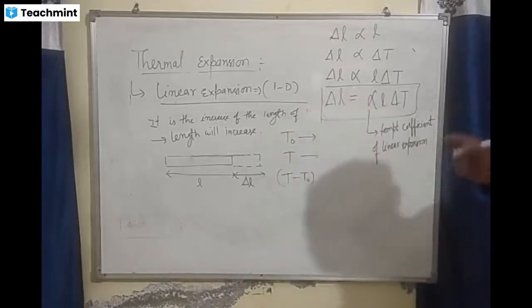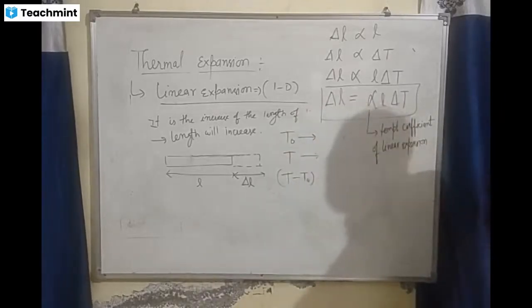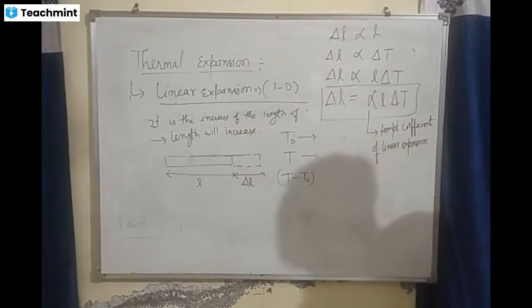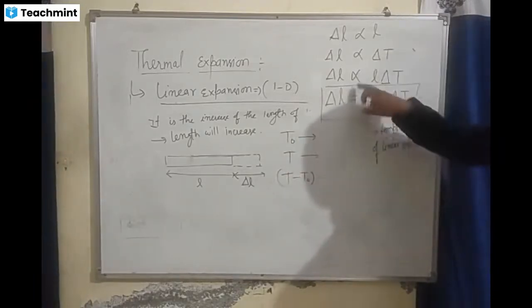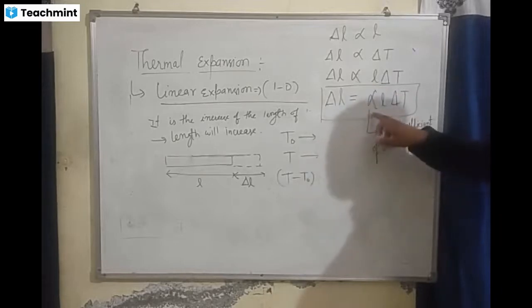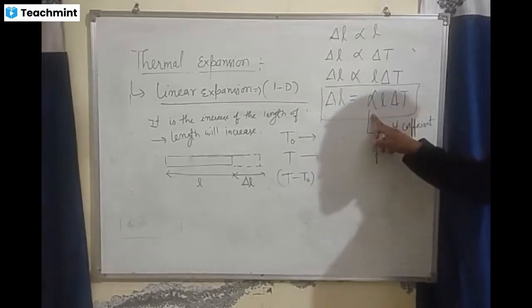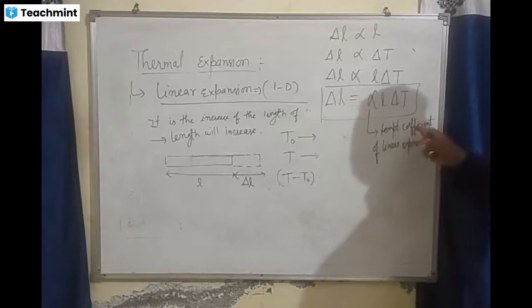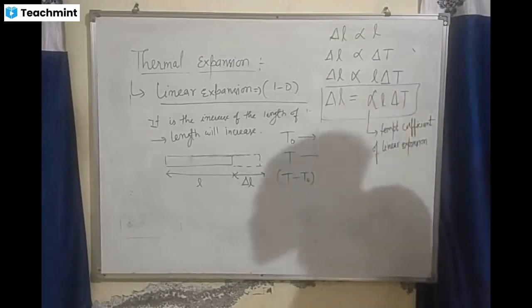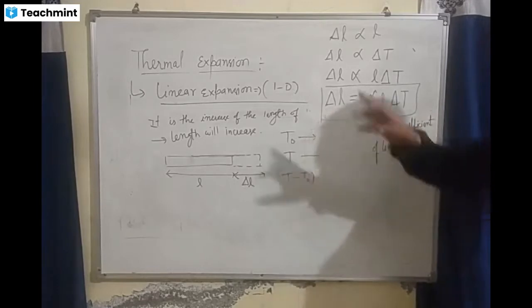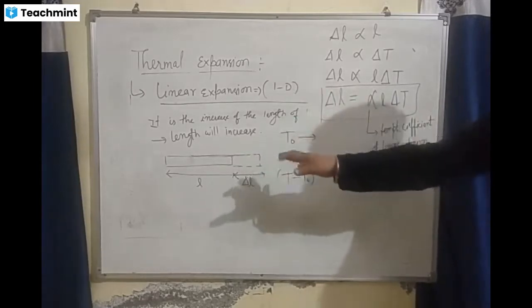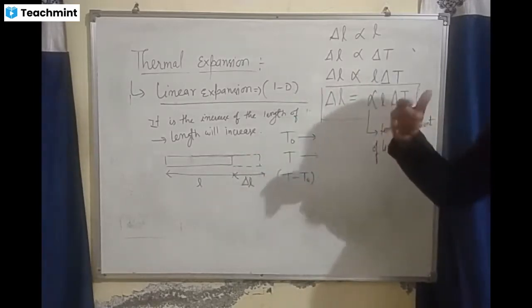Clear? Whenever we combine both relationships, the change depends on the original length and the change in temperature. If we remove the proportionality sign, another constant comes in, that is the temperature coefficient of linear expansion. The greater the value of this alpha, the more that metal or body will expand.